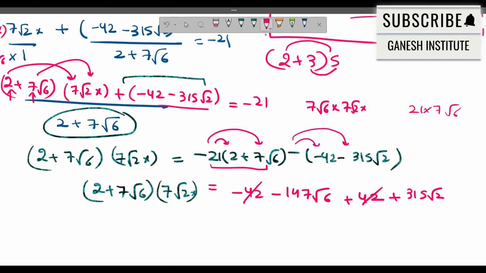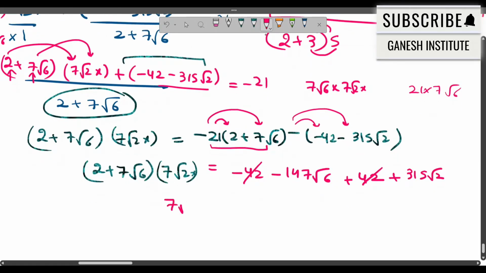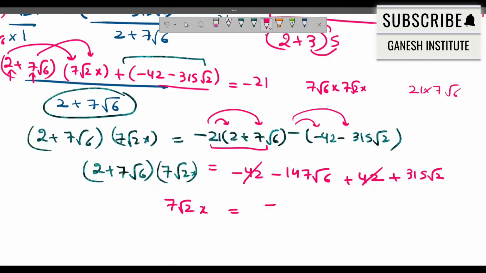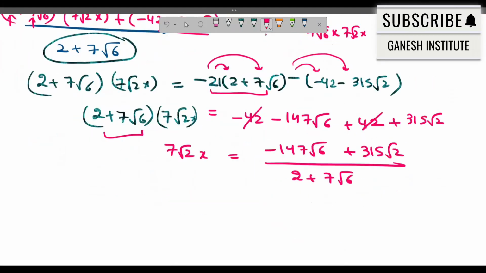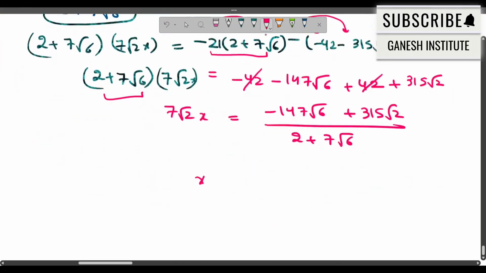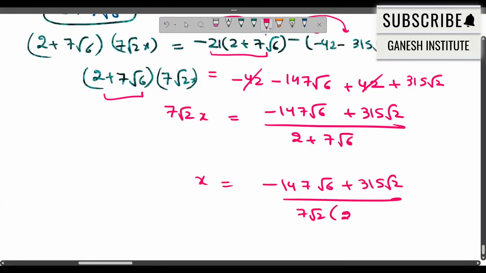Then these are like terms. 42 minus 42 is gone. Those are cancelled, and 7 root 2x you keep this way. And then you bring this counterpart down to the other side. And then x becomes, 7 root 2 will also come down.